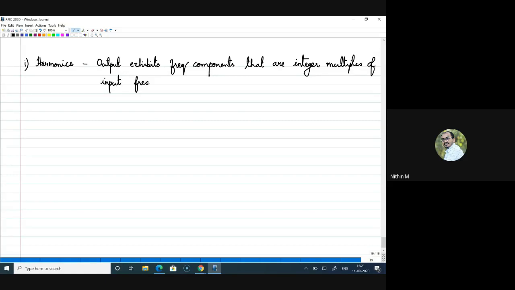If output is having frequency components that come at integer multiples of input frequency, such output components are generally called harmonics.